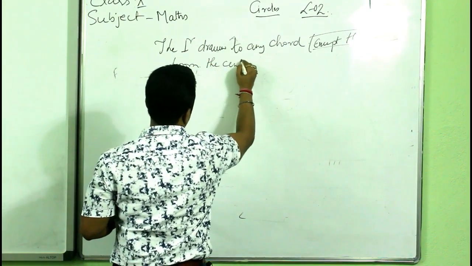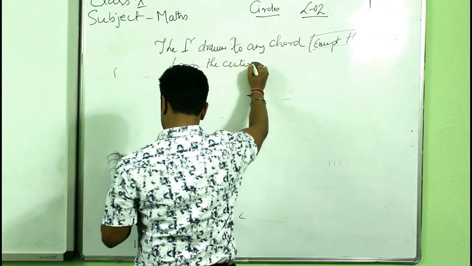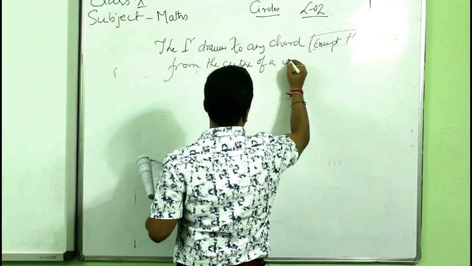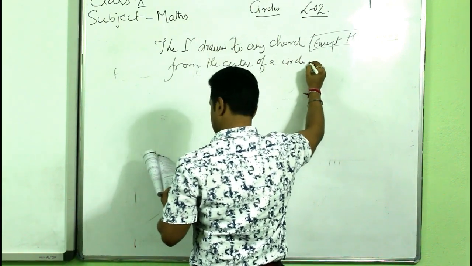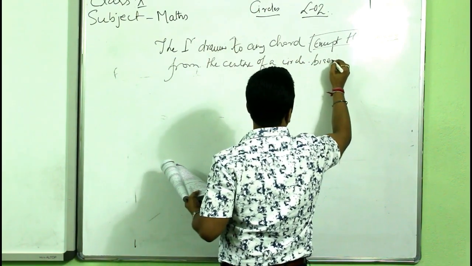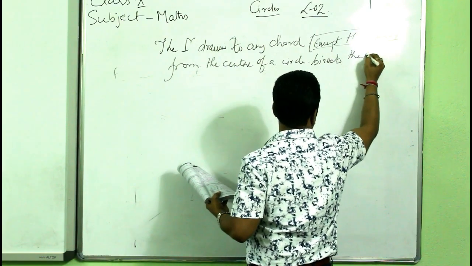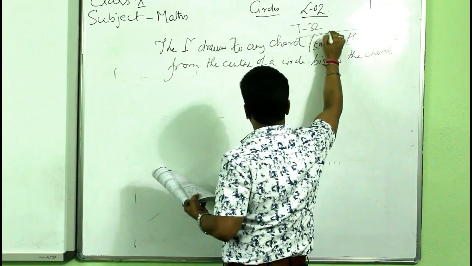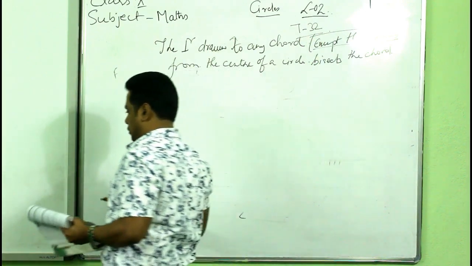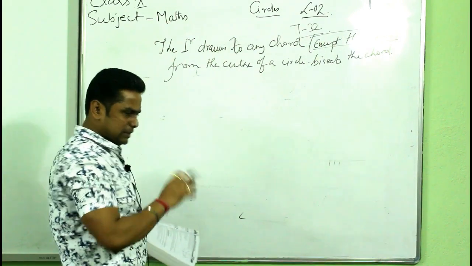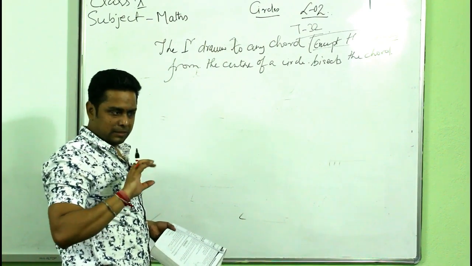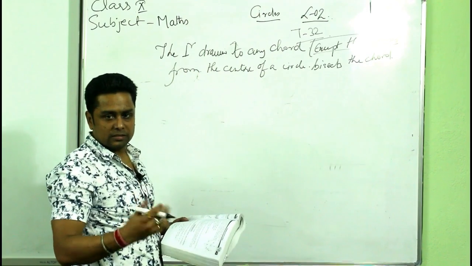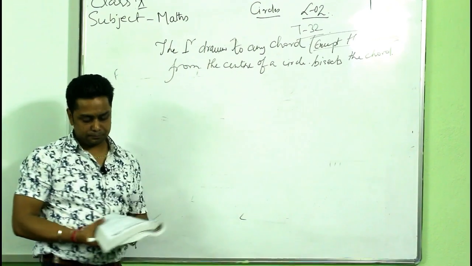From the center of a circle bisects the chord. Theorem number 32. I have left theorem number 31 because it is very easy but a bit turned around. First let me do this so that you can start loving theorems.